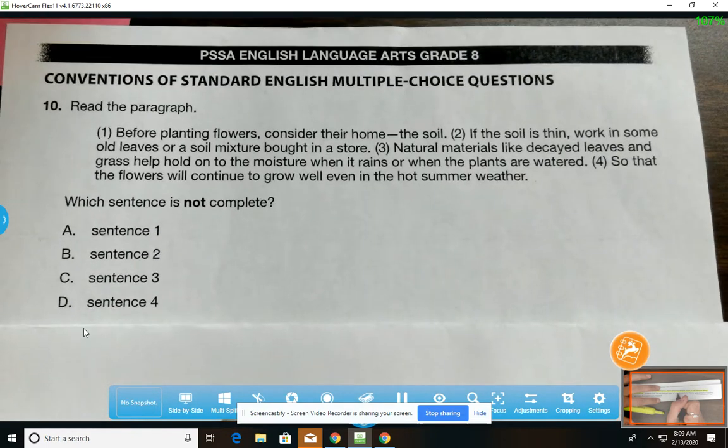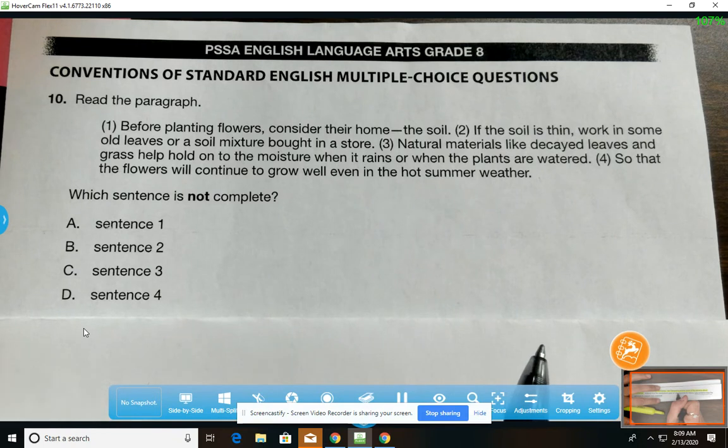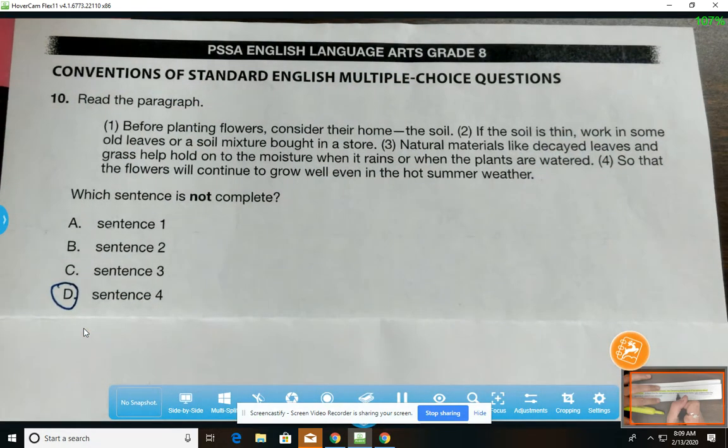Which sentence is not complete? Is it A, sentence 1, B, sentence 2, C, sentence 3, or D, sentence 4? The correct answer for this one is D, sentence 4.